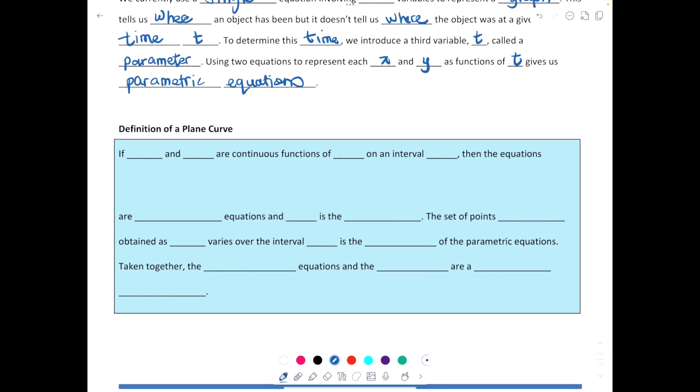Definition of a plane curve: if f and g are continuous functions of t on an interval I, then the equations x equals f at t and y equals g at t are parametric equations, and t is the parameter.